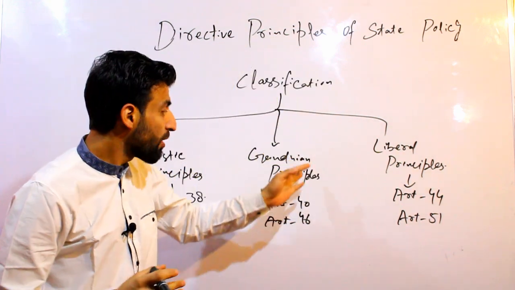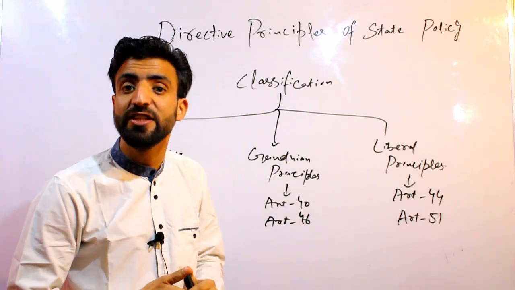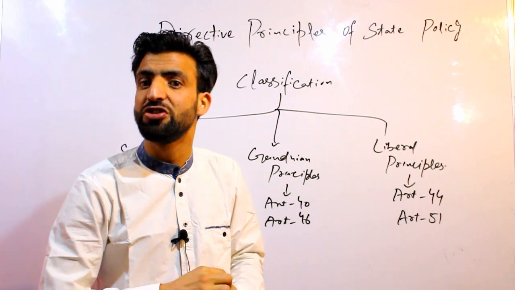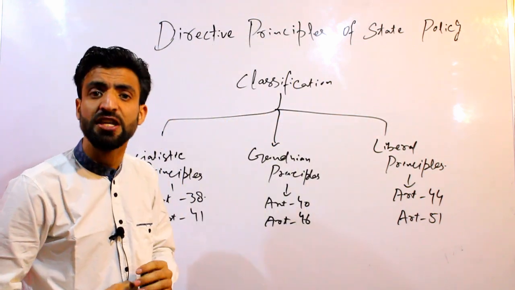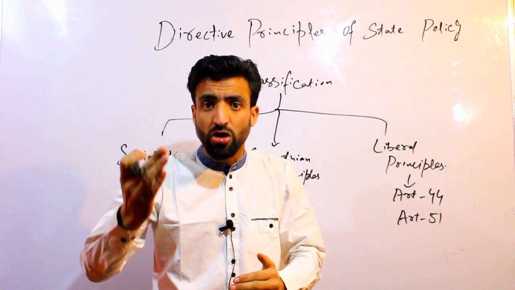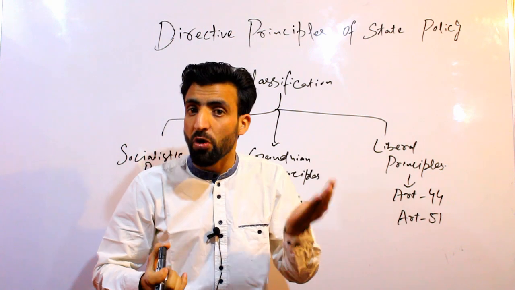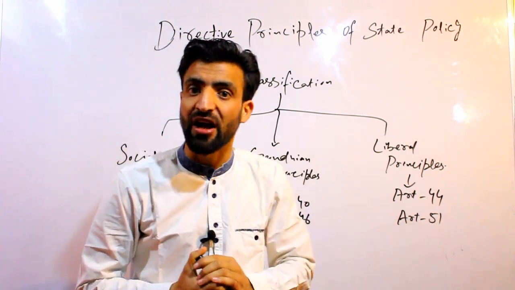As far as the Gandhian principles are concerned, for example, Article 40 provides for organization of village panchayats, which was done by the 73rd Constitutional Amendment 1992, and Article 46, which provides to promote educational and economic interests of SCs, STs and other backward classes.